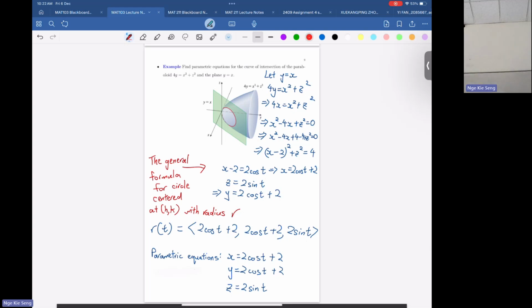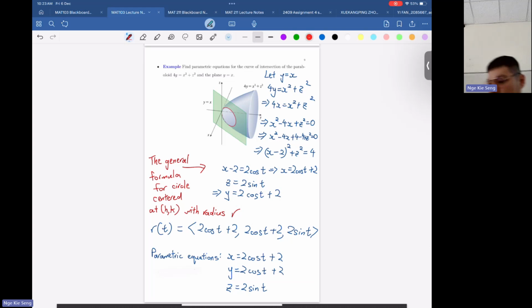So what does it mean here? It's a shifted circle in the xz plane, but it is lifted in the y direction. How do you imagine this circle?